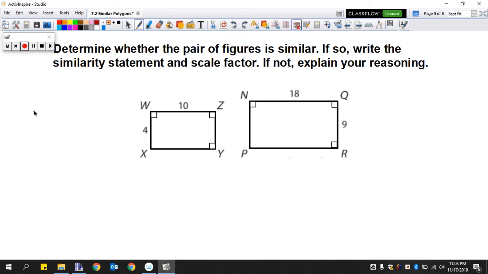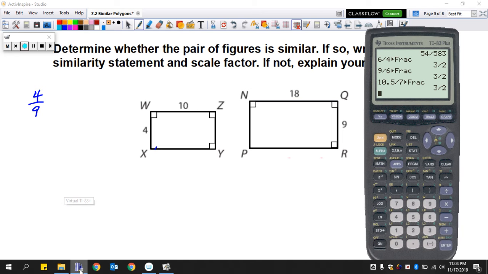Right? Next one, we have two rectangles, okay? Two rectangles, and so they all have right angles on the inside. So we need to just look at the proportions. So 4 to 9, which is probably in lowest terms, okay?